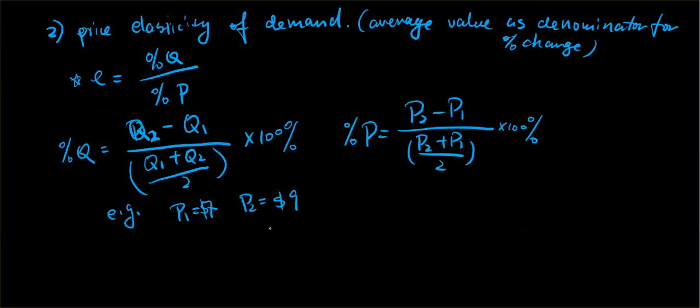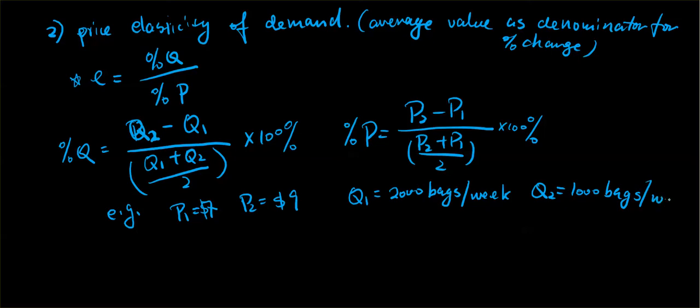At the same time, since the price increases, the quantity decreases, from 2,000 bags to 1,000 bags per week. So the initial quantity demanded is 2,000 bags per week and the final quantity demanded is 1,000 bags per week. Now you are asked to calculate the elasticity for coffee.